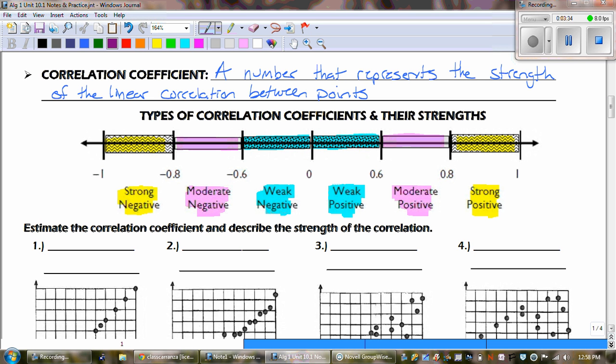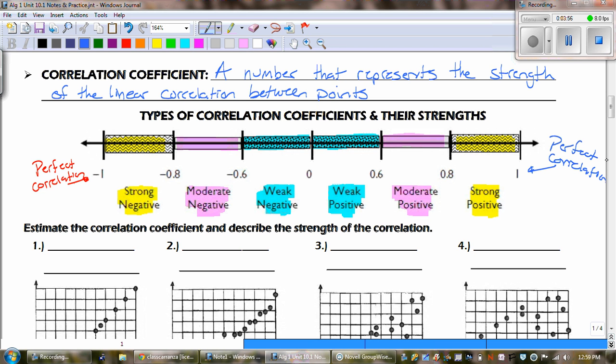At -1 right here, this is a perfect correlation. And all the way over here at +1, this is another example of perfect correlation.